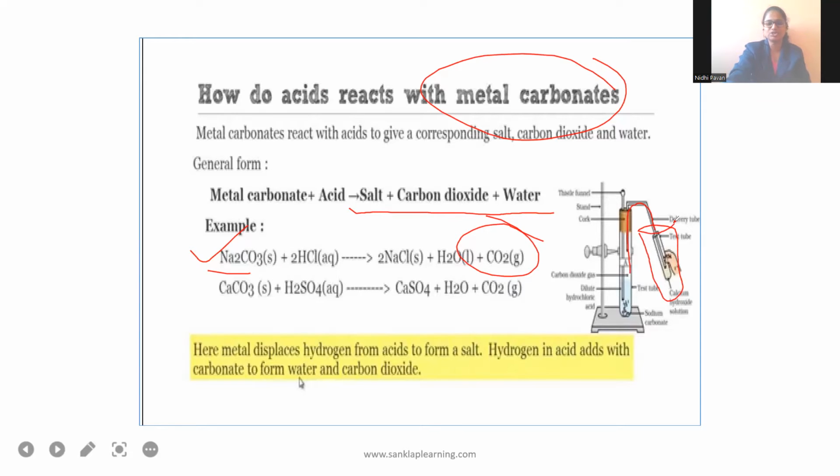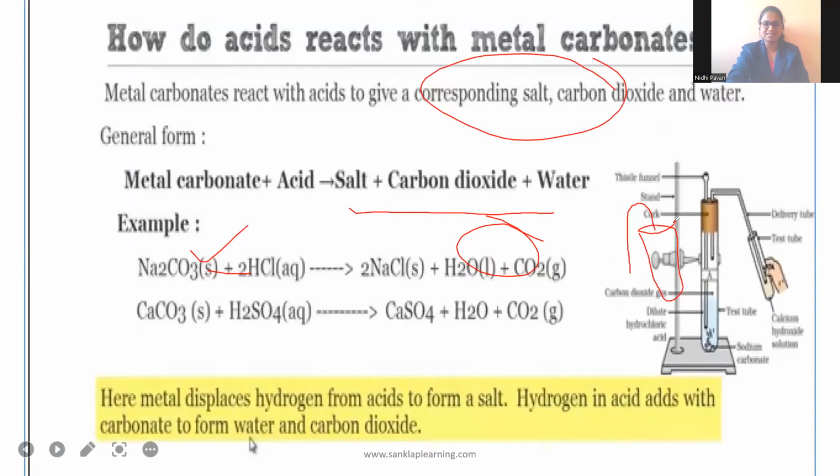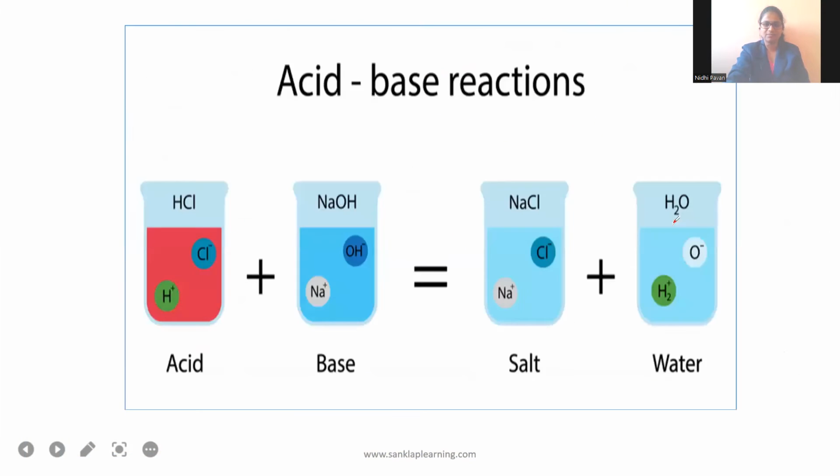The calcium hydroxide turns milky once the carbon dioxide reacts with it. So it confirms that carbon dioxide gas is released during the reaction. So this is regarding the reaction of acids with metal carbonates.